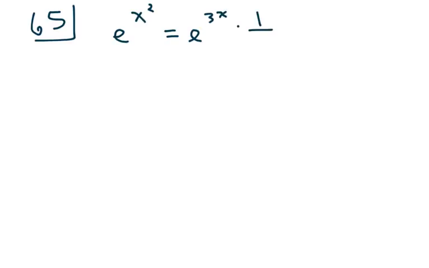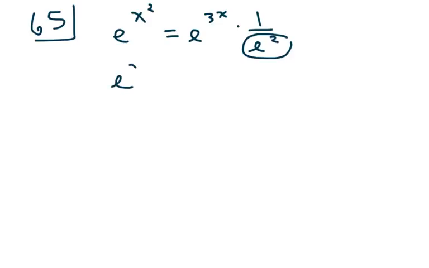65. This definitely will be on your test. e to the x squared equals e to the 3x times 1 over e squared. So the first thing I'm going to do is rewrite this so I can have the same base.